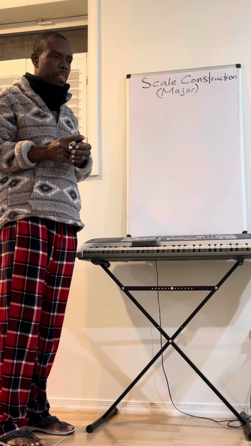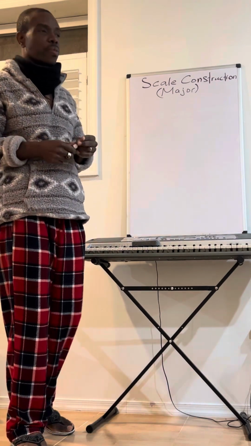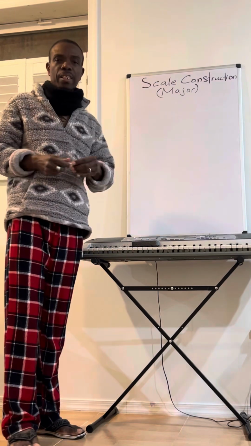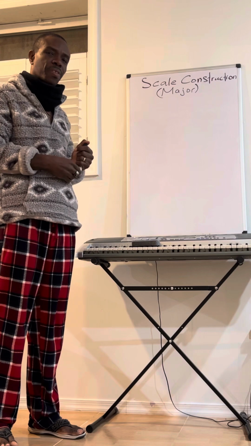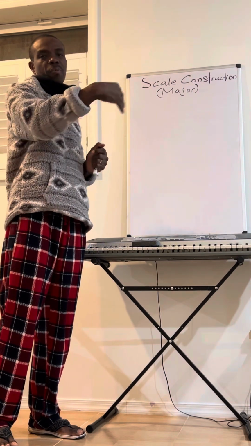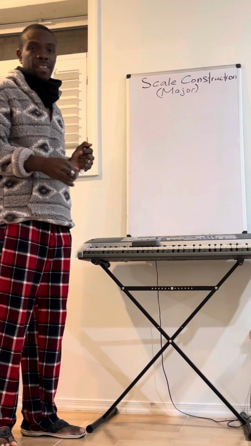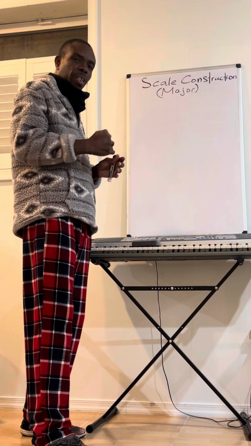Now, we did tones and semitones before, and we used a keyboard. We said a semitone on the keyboard is moving from any key to the very next one, whether black or white.